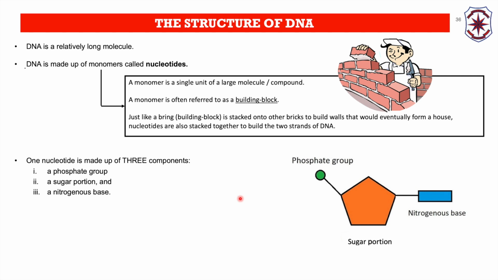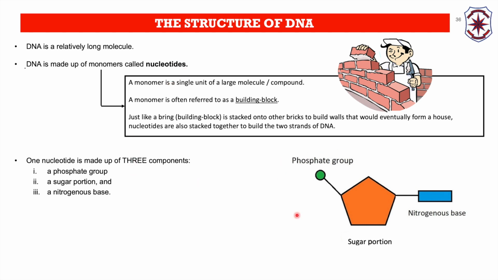I'm sorry, but I need to go back again. Remember, we are describing the structure of DNA or how DNA is built. All right? Now, DNA, being a large molecule, is made up of smaller units or monomers that are called nucleotides.